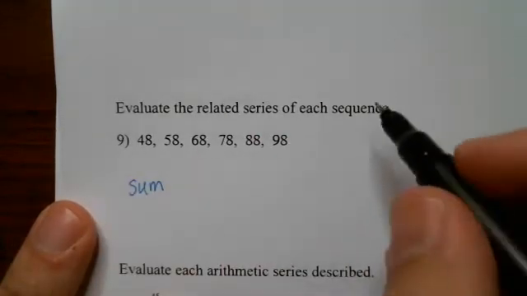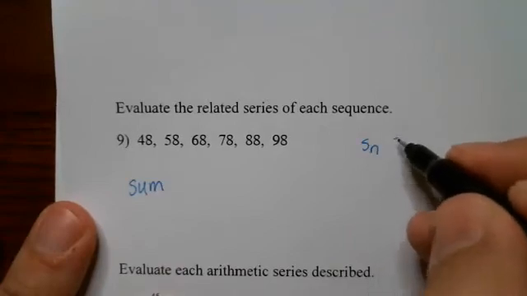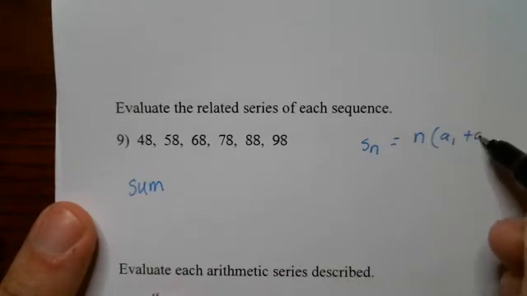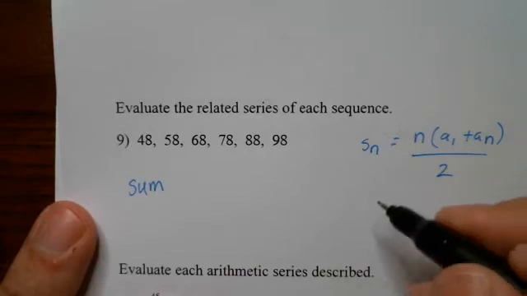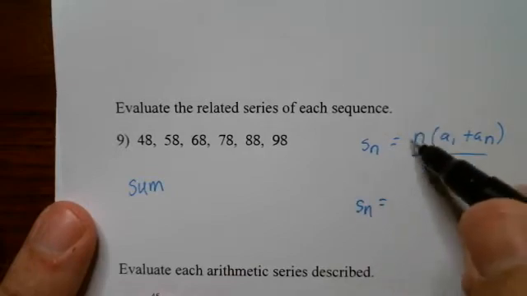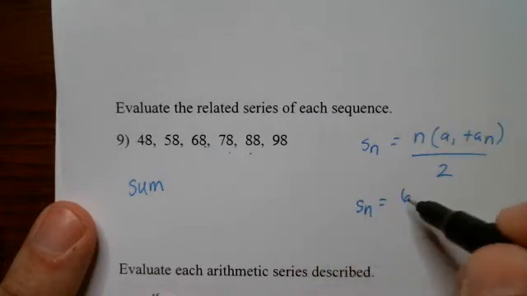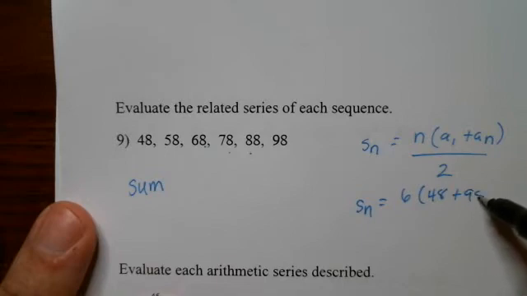Or you can use the formula for finding the total value of something, which is S of n equals n times the first number plus the last, all over 2. So S sub n is equal to how many numbers are there? 1, 2, 3, 4, 5, 6 numbers total, times 48 plus 98 all over 2.